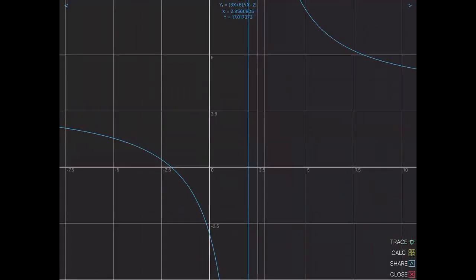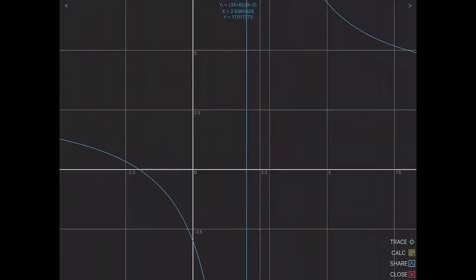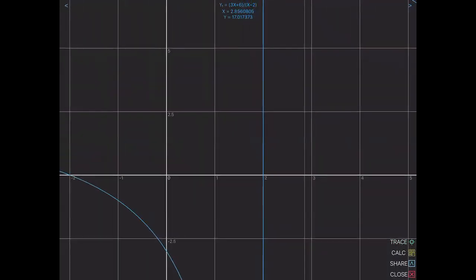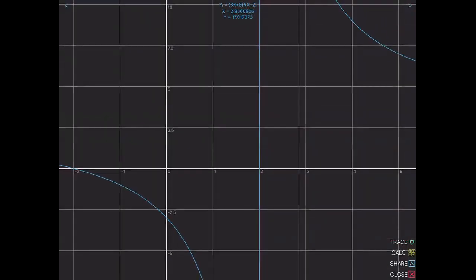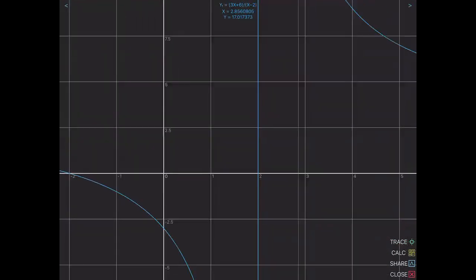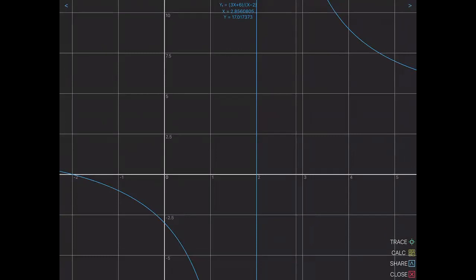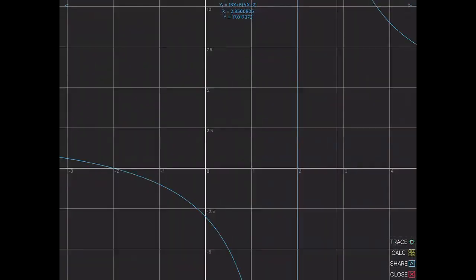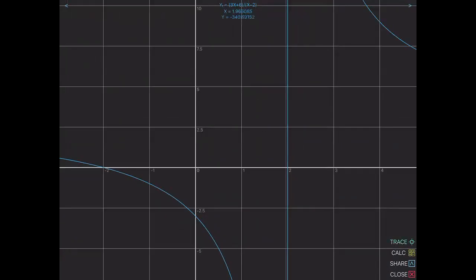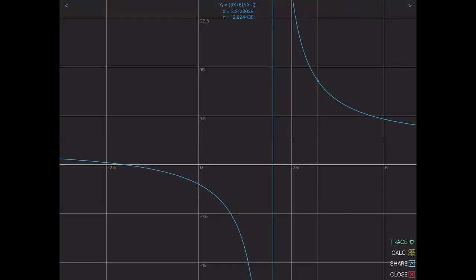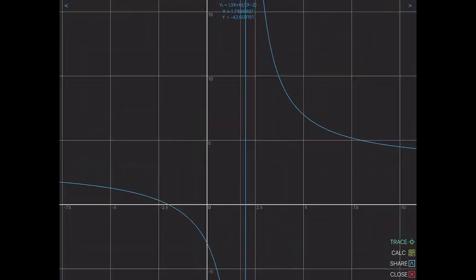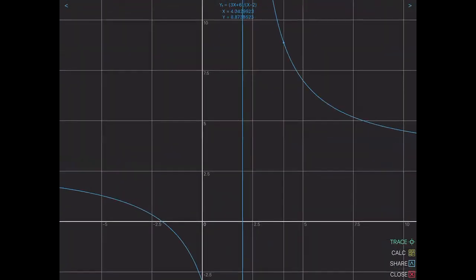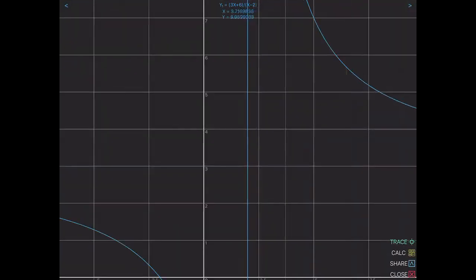It's a bit annoying. There we go. So much work to do this. So x equals 2, that's where we have that break along the x-axis, that vertical asymptote. But now notice for the y-axis, let me see if I can get this. There we go.